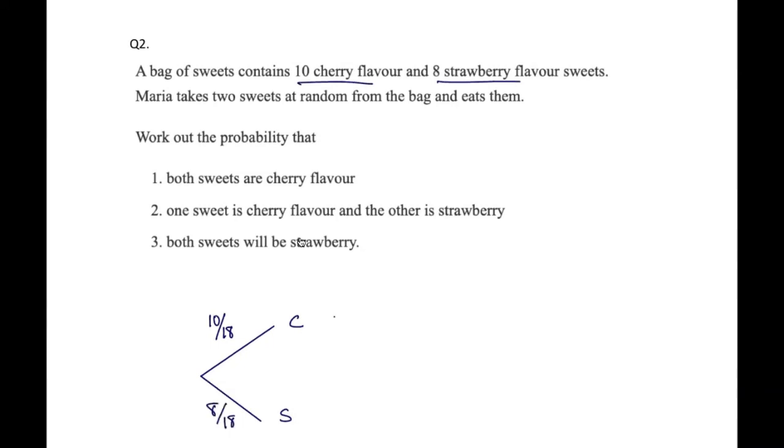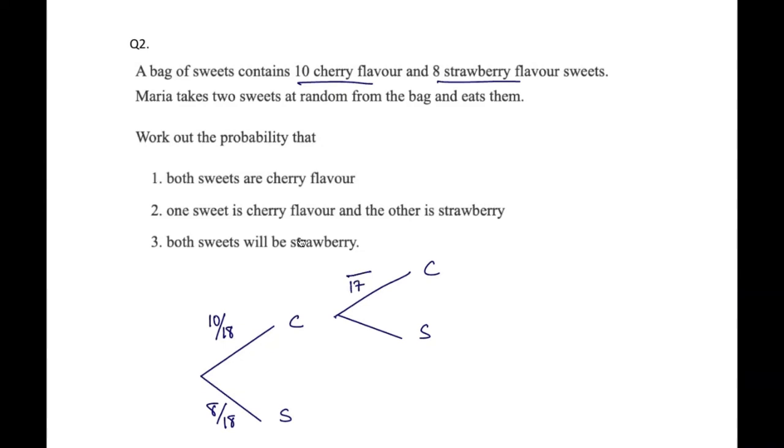Then she eats one of those and picks up another. The next one could be a cherry flavor or a strawberry flavor. So now what is the probability of getting a cherry flavor, if she has not put the first sweet back in the bag? How many sweets are there in the bag now? 17.